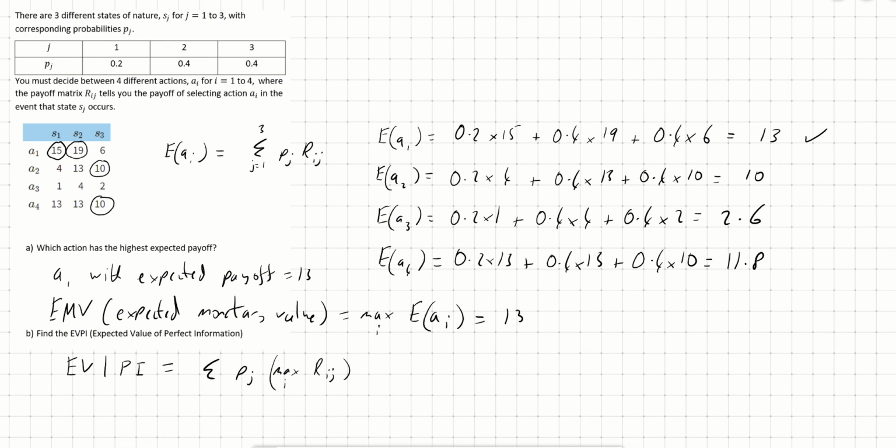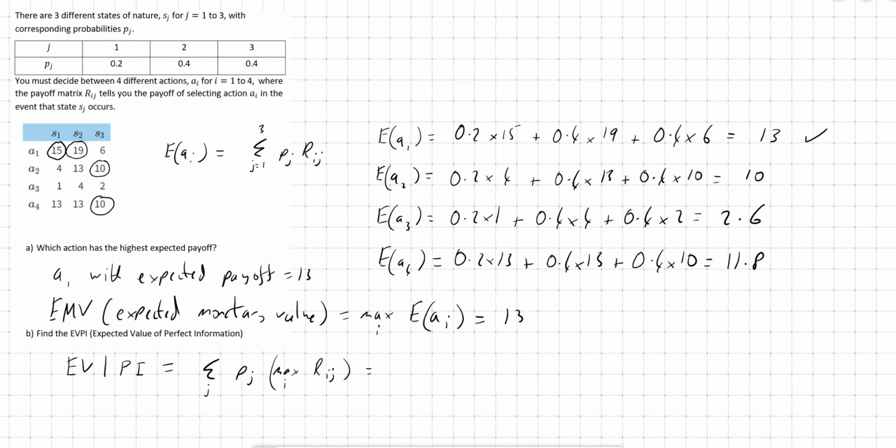We're summing over j, which is each column. So for each column, we take the probability of the column and multiply by the maximum of the numbers in that column.